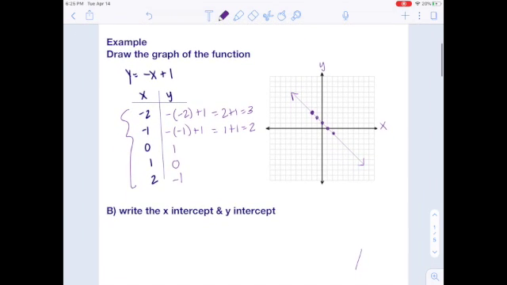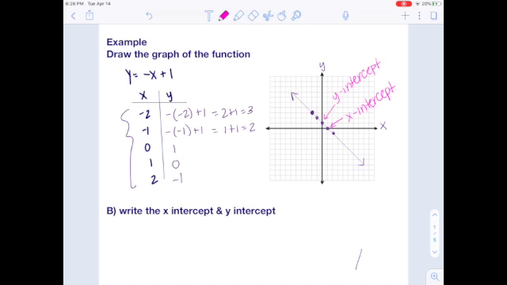Of course, we can talk about some of our information. You should remember that the point where the graph goes through the y-axis is called the y-intercept, and the point where the graph goes through the x-axis is called the x-intercept.